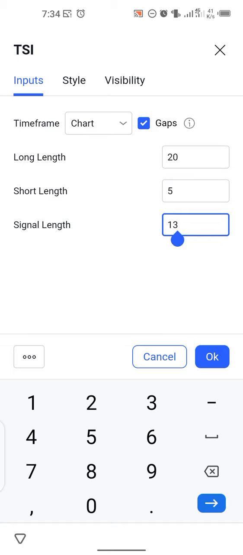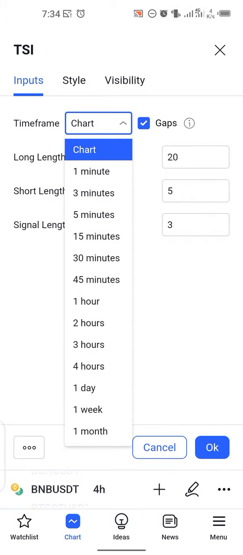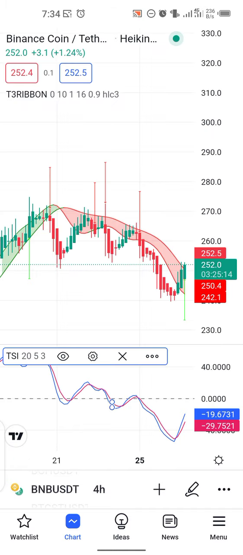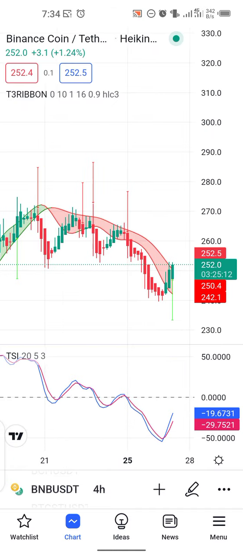Then the signal length, that is the distance between the two lines, we shall put a 3. Keep it on the chart and save as default, then press OK. So we have been able to squeeze them a little bit so that they can give us the real results we need from the market.